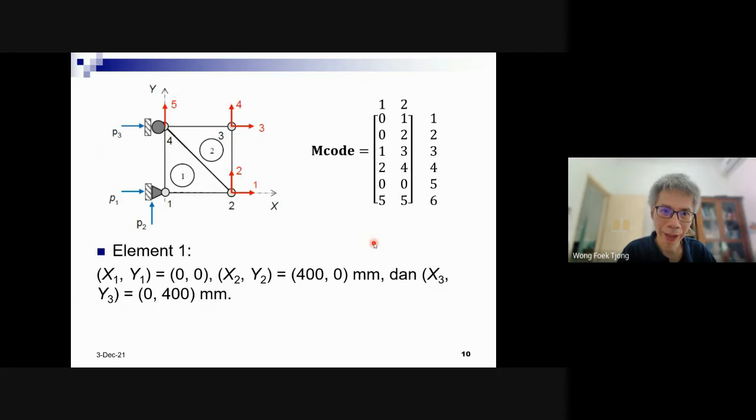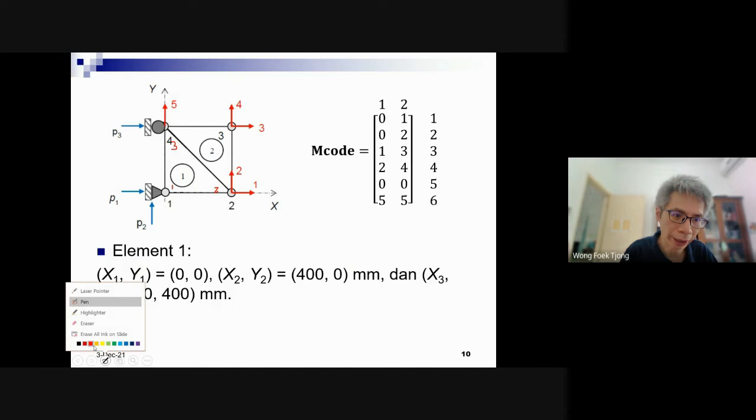Well, as usual, later we want to connect the global numbering system and the local numbering system. Let's say for element number 1, we use the local numbering system like this, okay? The local number 1, 2, 3, okay?